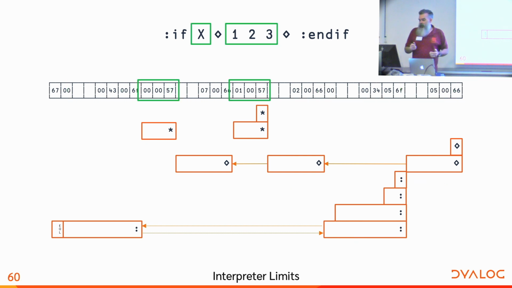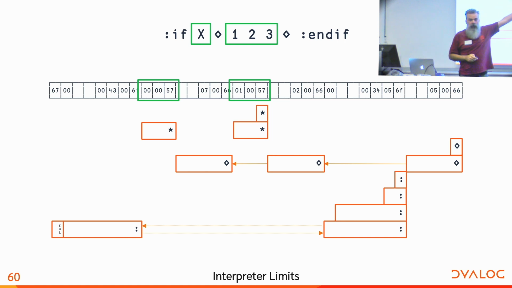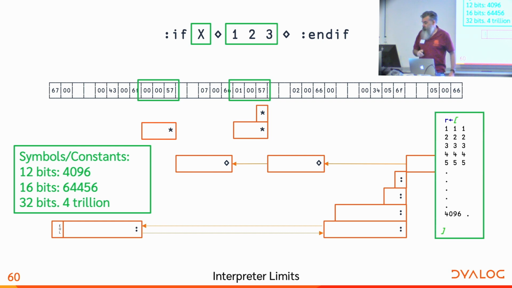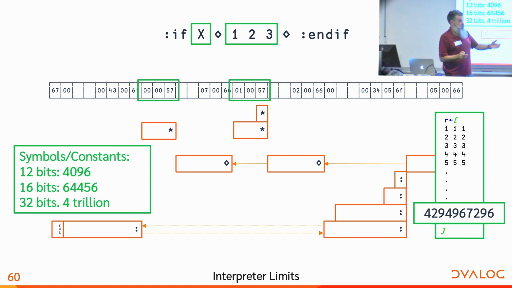But what might be a good idea is to extend the tokens here for the 57, which is where we've got the references to symbols and constants. Okay, if we widen that from 2 bytes to 4 bytes, that means we can have 4 trillion unique constants in our function, which means that 4096, which you've already said, let's improve that to 65,000, all of a sudden becomes whatever that is. It's 4 trillion approximately.